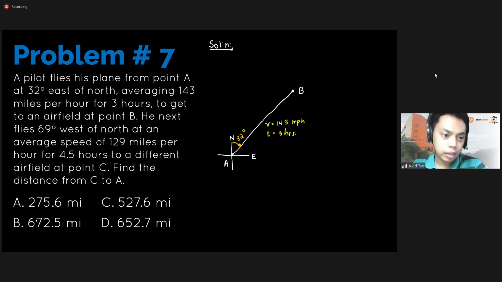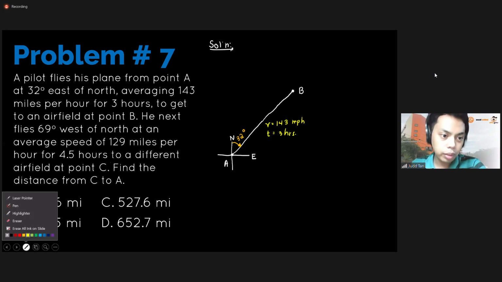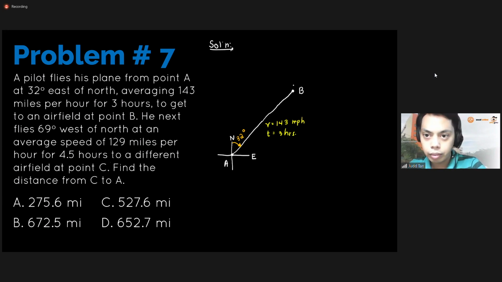Okay, next. Galing po kay airfield na B, nag-travel ulit si pilot. He next flies 69 degrees west of north. West of north. So, 69 degrees. So, malamang ganito. Okay, sige. Let's draw. 69 degrees from north to west.